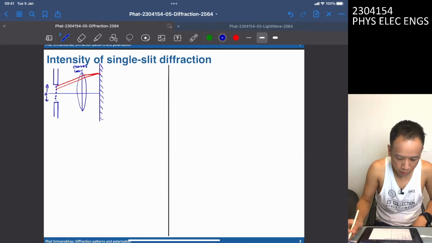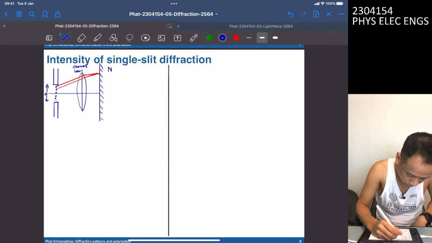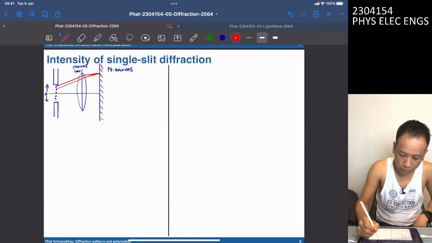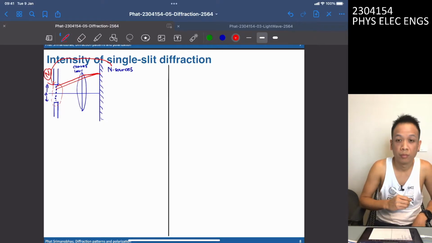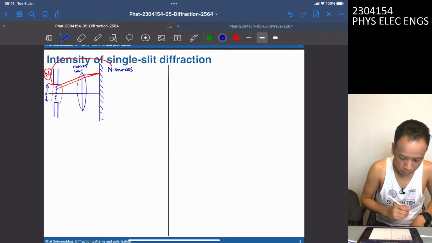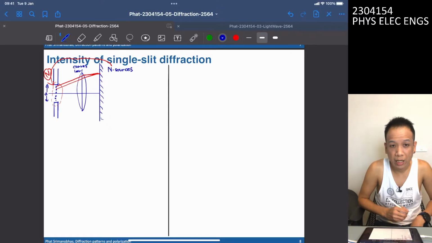So now we will say, okay, we're going to have N sources. What is N? The number of sources that we are talking about here is N. So it means that the distance between sources becomes a over N, right?